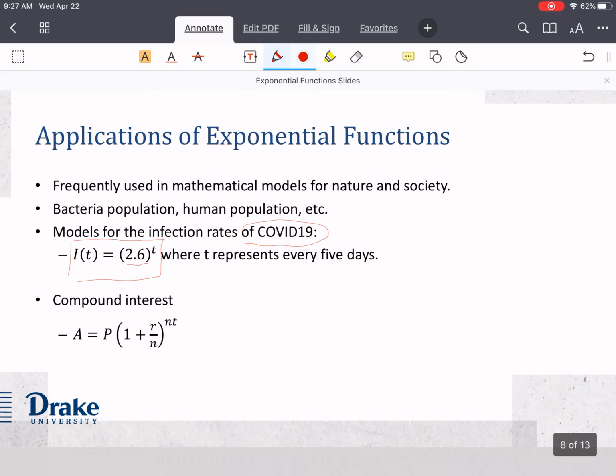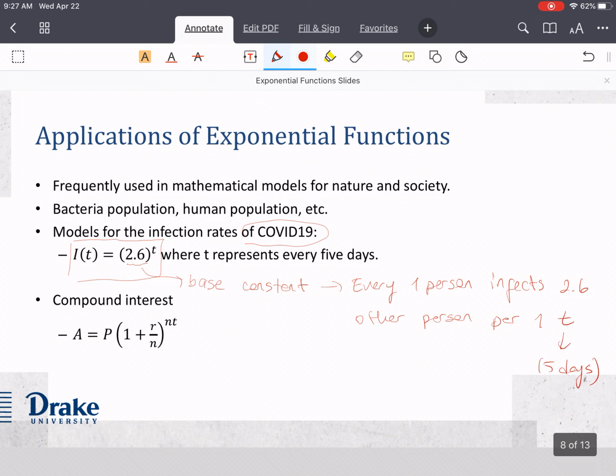This 2.6 is the base constant, and what that means is that every one person infects 2.6 other people per 1 t, where t represents 5 days.